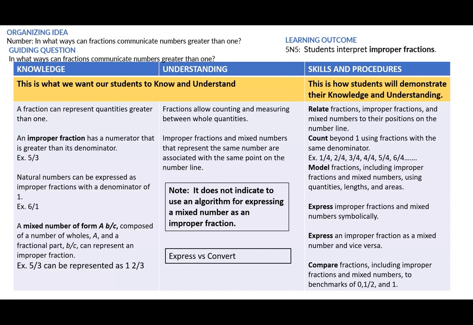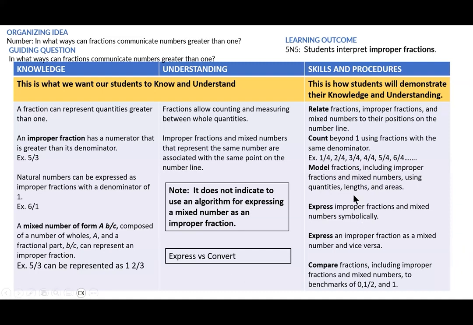And then our skills and procedures to relate fractions and improper fractions to their positions on the number line. So we're looking at showing 5/3 on the number line and showing 1 1/2 on a number line, and then showing them both on the same number line so that the students understand when they compare which is bigger, 5/3 or 1 1/2 or 2 1/2.